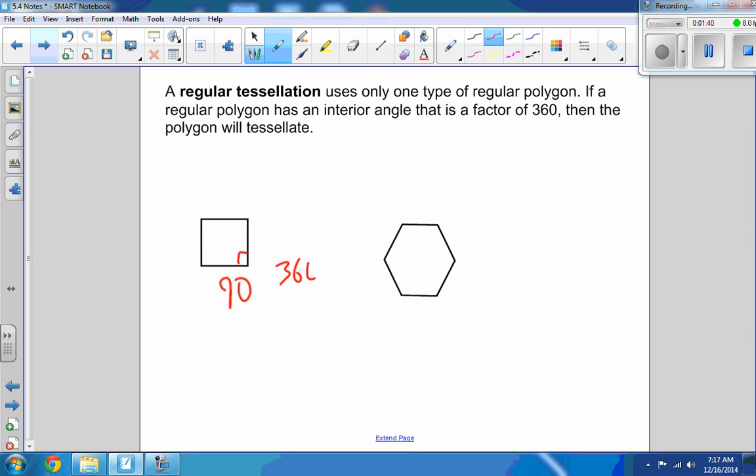Well, 360 divided by 90 comes out to an even number, 4. So yes, it is. On a regular hexagon, the angles are 120. So 360 divided by 120 is 3, a nice even number. So yes, both of those shapes will create regular tessellations.